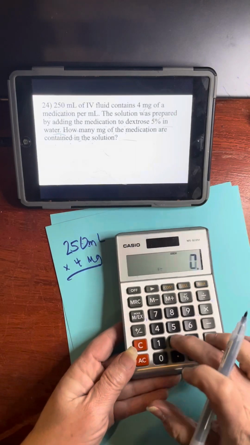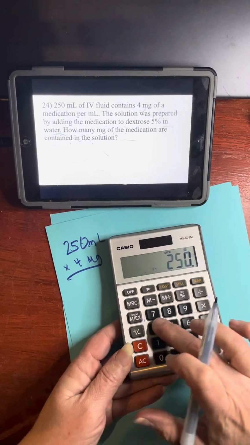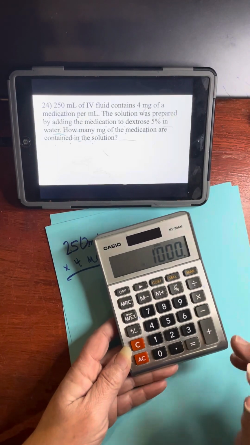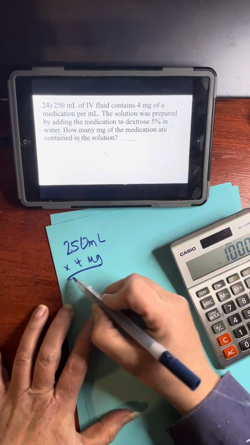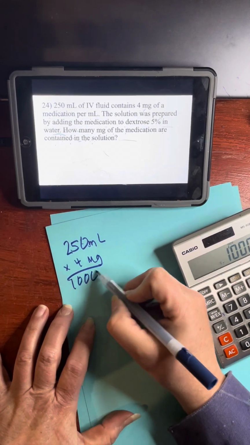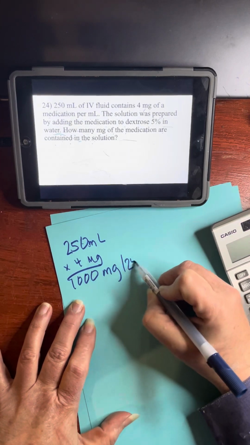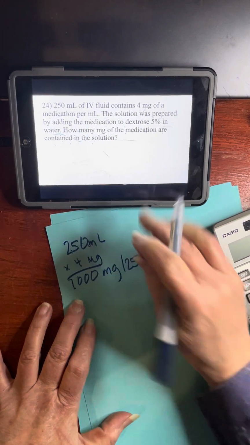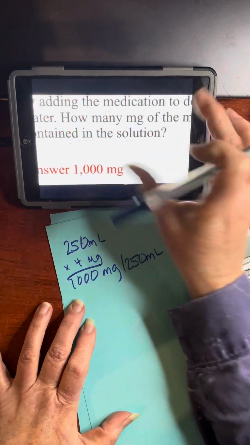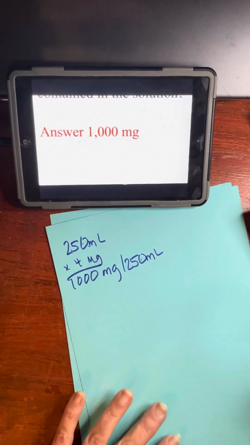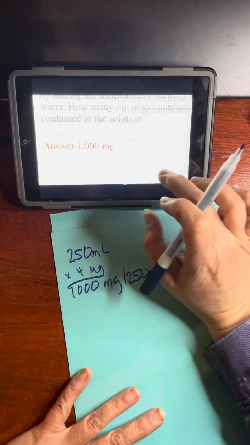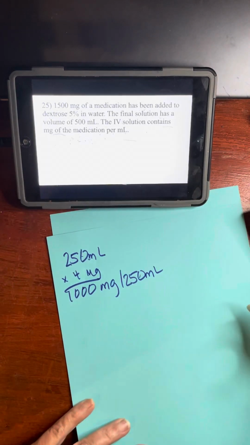And so 250 times 4 equals 1,000 milligrams in 250 milliliters. You see that? We saved them with skill.